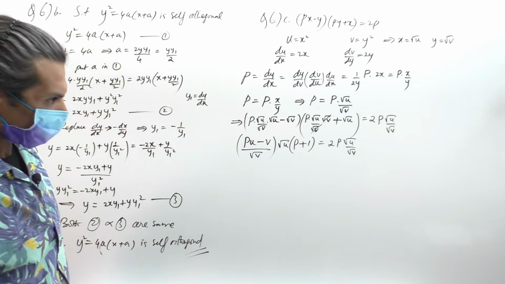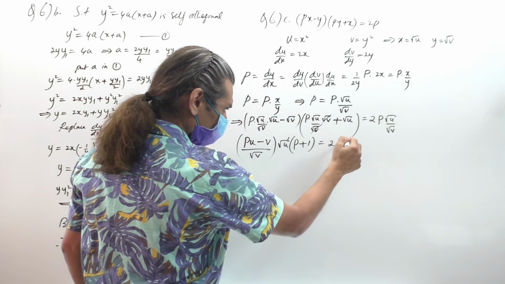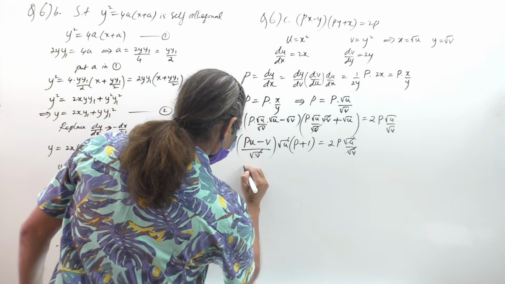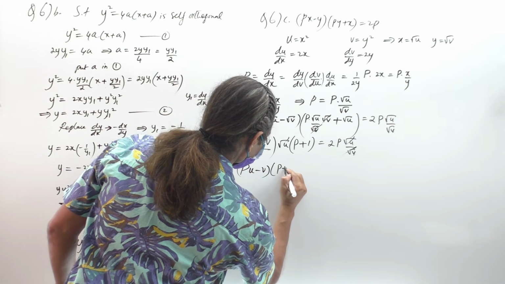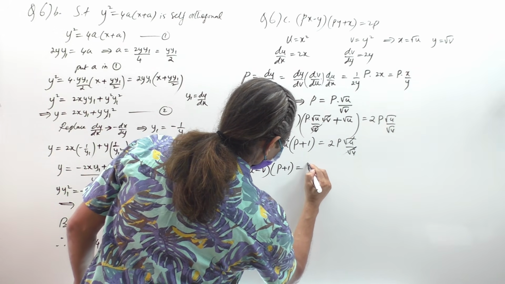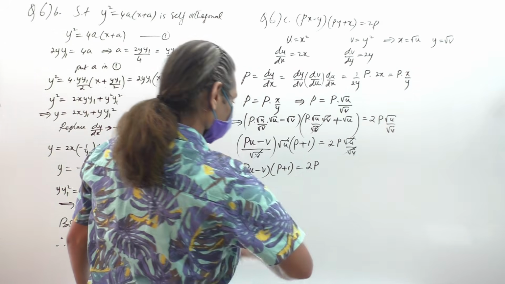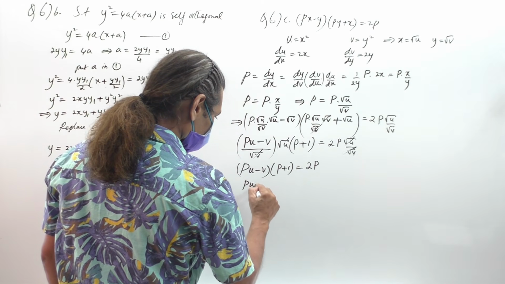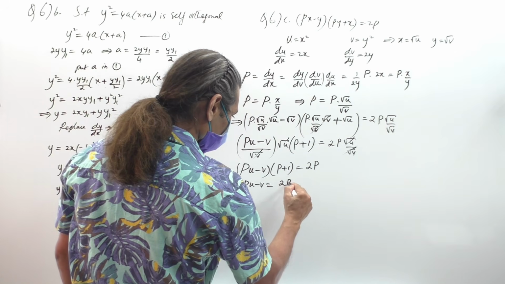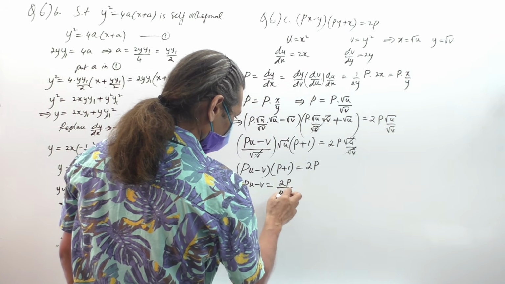Again here compare both, is multiplied, so root u, root v cancels. So we have capital P into u minus v into p plus 1 equals 2p. Fine. That implies now we can write p u minus v is equal to 2p by p plus 1.